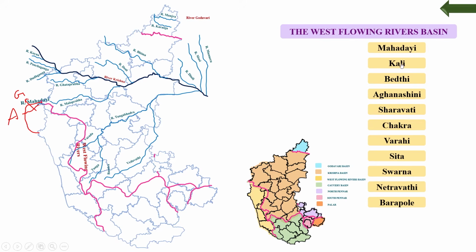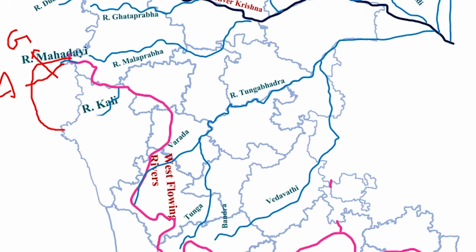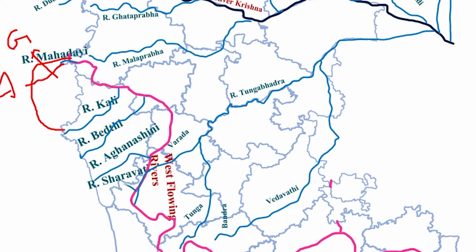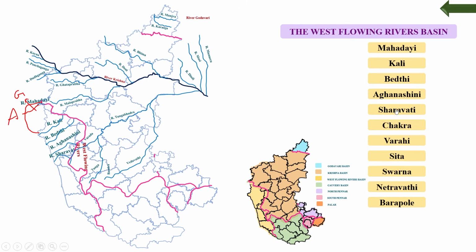All right. Next, we have four important rivers which flow parallel to each other in the district of Uttar Kannada. They are Kali, Bedti, Aghanashini, and Sharavati. There are many waterfalls that form because of the rapid flow of water from a higher region, that is Western Ghats, to the coastal region here.